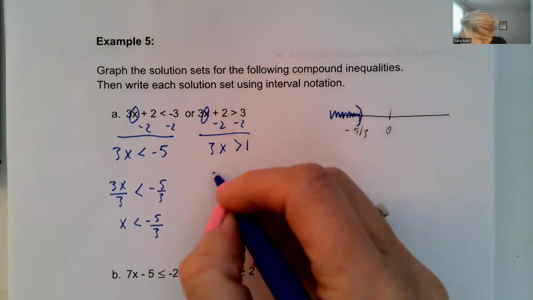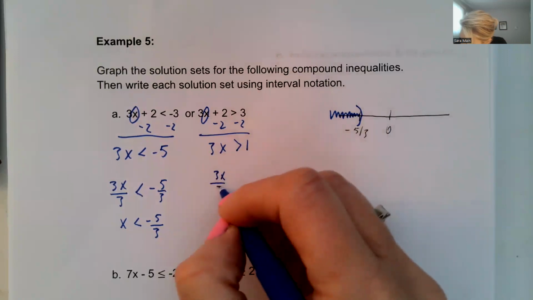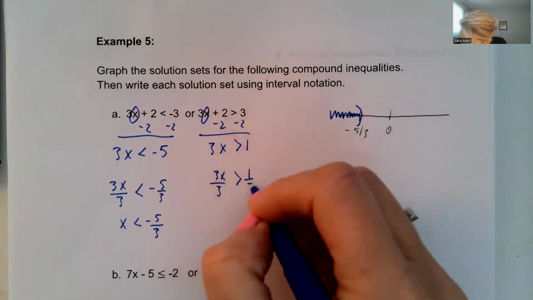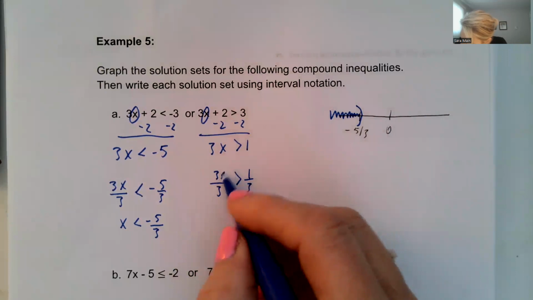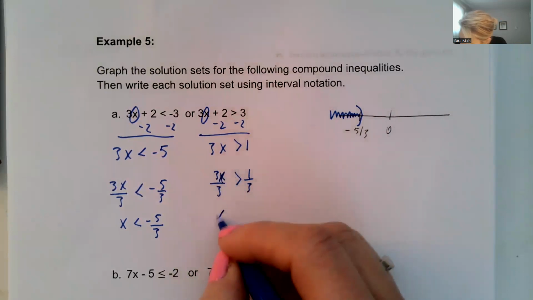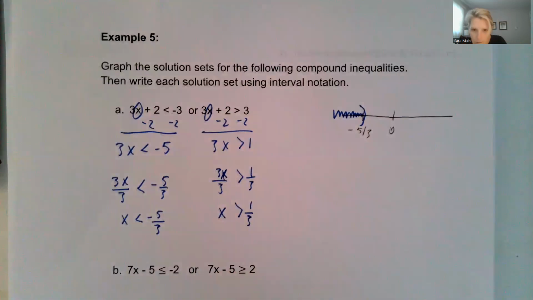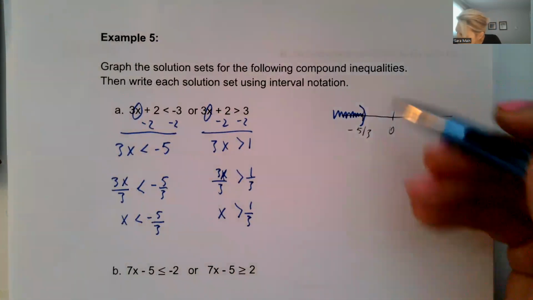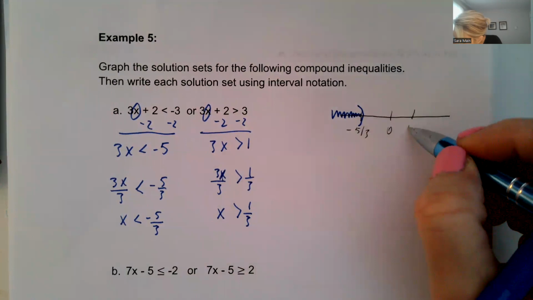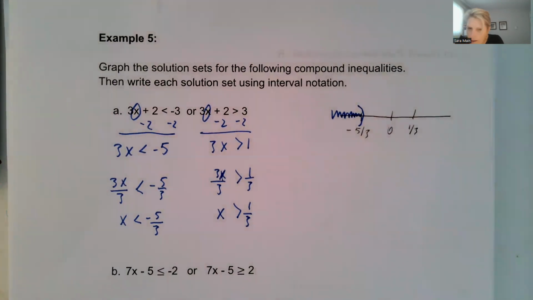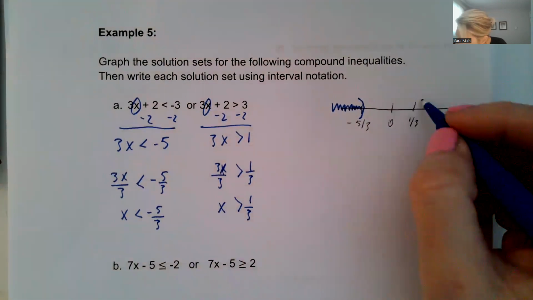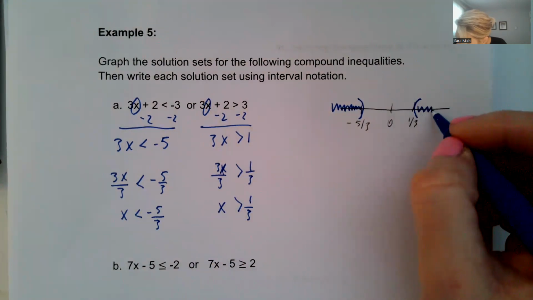And then we're going to divide by 3. We're dividing by a positive, so we don't flip our sign. So x is greater than 1/3. So I'm going to draw 1/3 on my number line. Again, it's a strictly greater than, so it gets an open parenthesis and I shade to the right.